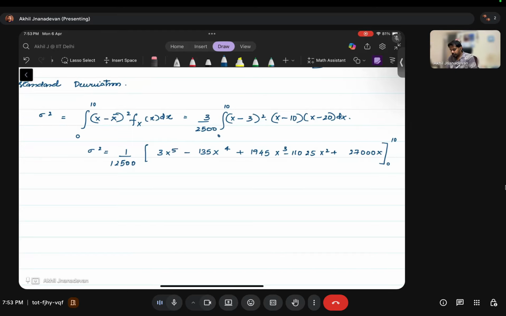Now, if you apply the limit, this would be coming out to be 5 centimeter square. So, this is the variance.